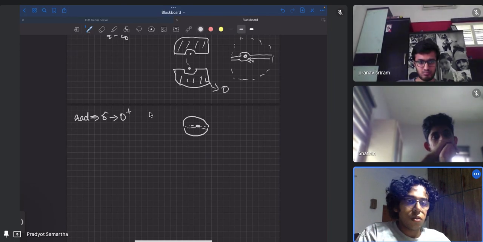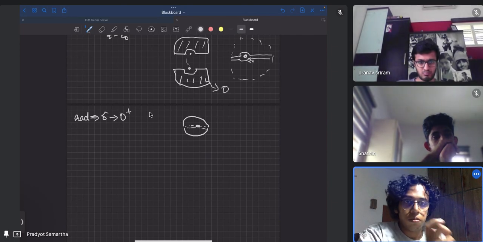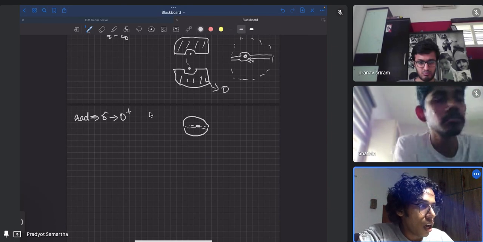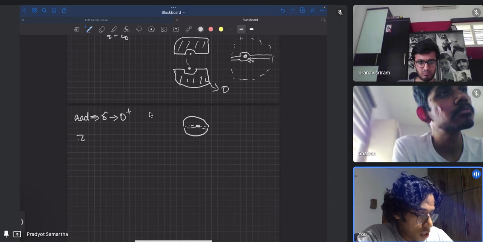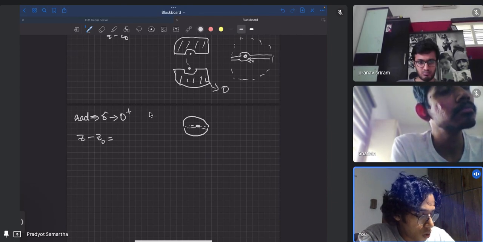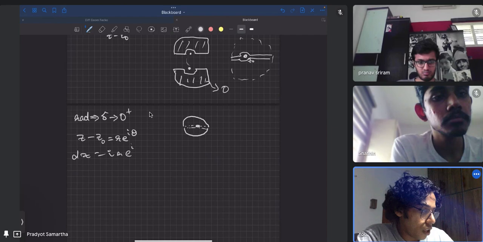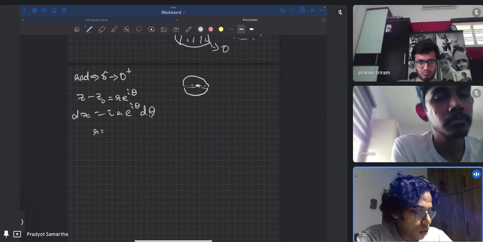So it is a circle of very small positive radius, actually two semicircles, and then we have z minus z naught equal to r e to the power of i theta, and dz equal to i r e to the power of i theta d theta, and r is equal to delta.